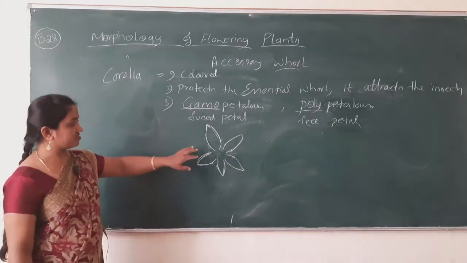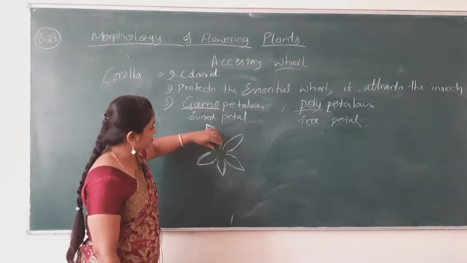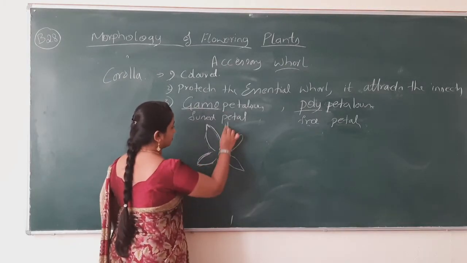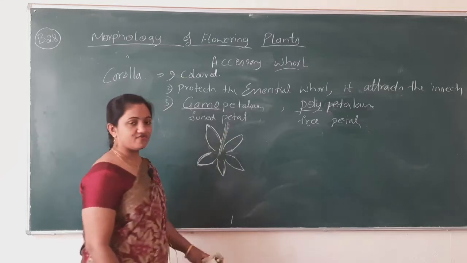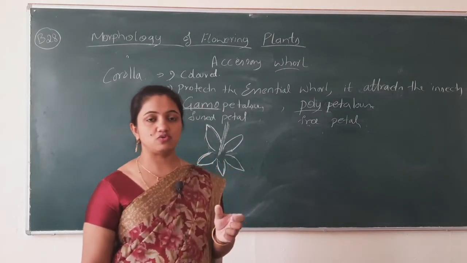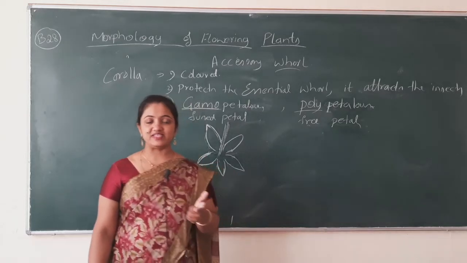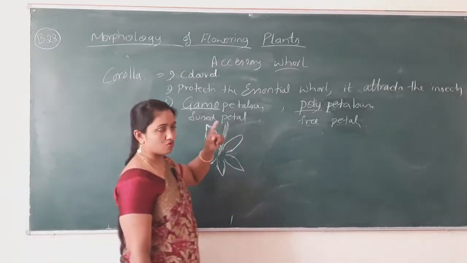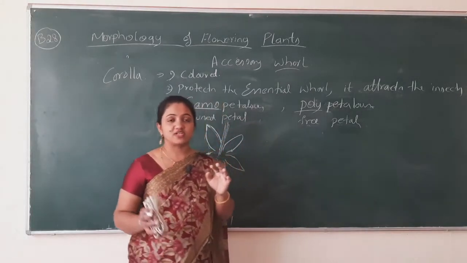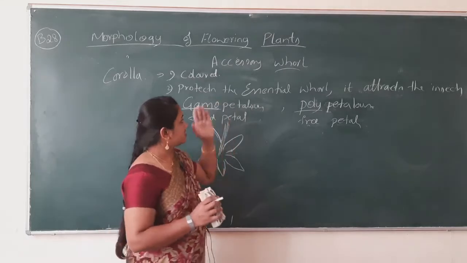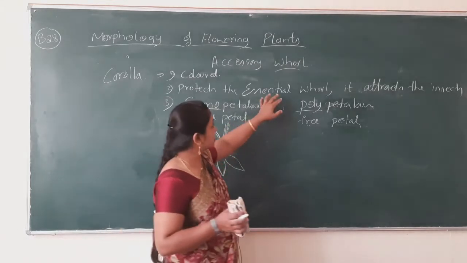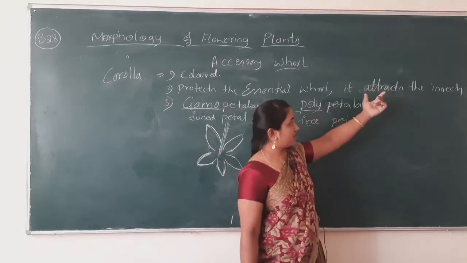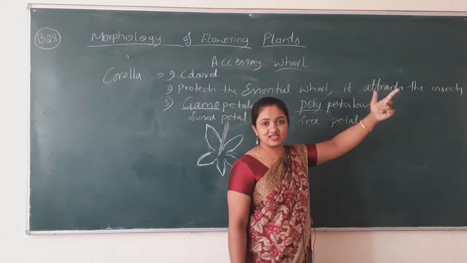Okay, if you can see this picture, consider these are the petals of the flower. In the middle region, you will find the essential whorls like Androecium, Gynoecium and all. Those Gynoecium and Androecium are known as essential whorls. Those whorls get protected by the corolla, and more than protection, the important work of the corolla is to attract the insect.